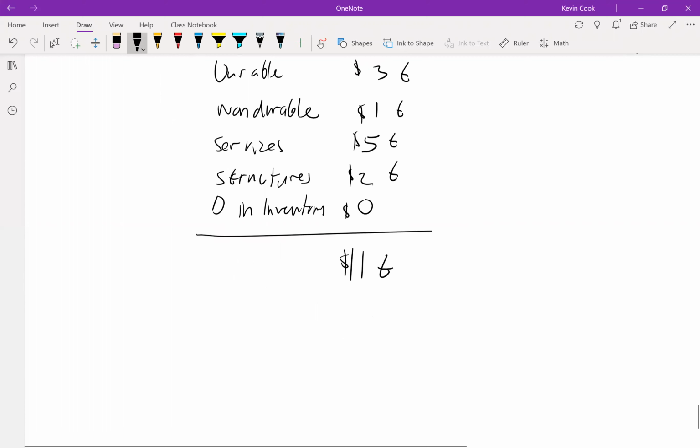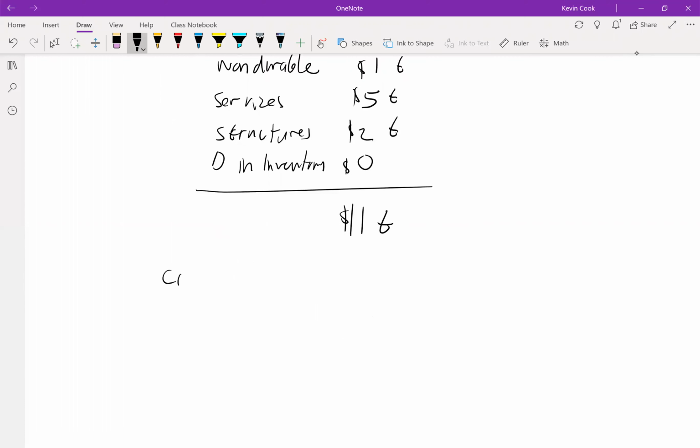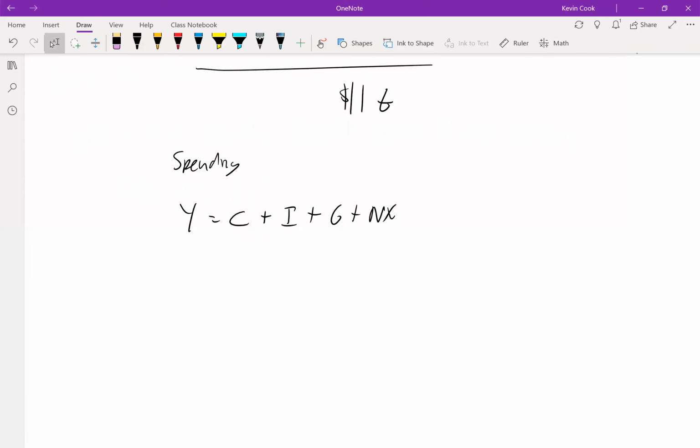And the other way to do it is by what we consume, or our consumption side. Or I should say, by what we spend. So on this side, we say that our GDP is equal to our consumption, plus our investments, plus our government expenditures, plus our net exports, where our net exports is equal to our exports minus our imports.